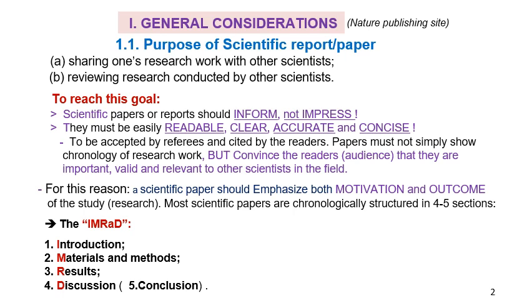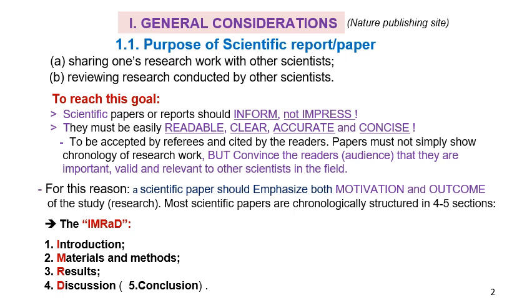Most scientific papers are chronologically structured in 5 or 4 sections, depending on the journal that you're targeting. And these 5 or 4 sections are called the IMRAD. I for introduction, the introduction section of the paper.